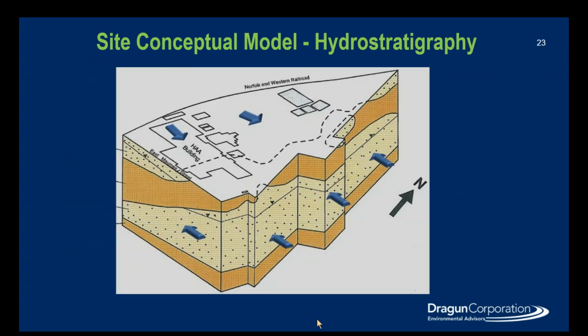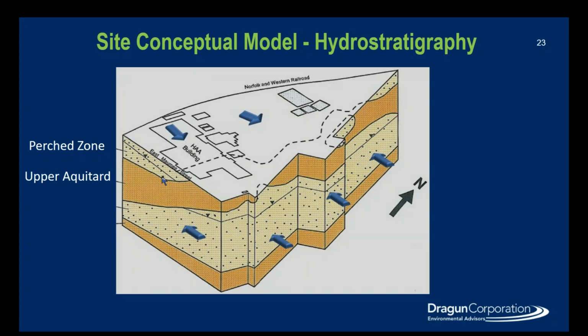And this is what we found. This is our model, our conceptual site model. So what we found was the site, HAA site, was underlain by a perch zone, which was permeable, had groundwater that had TCE in it.